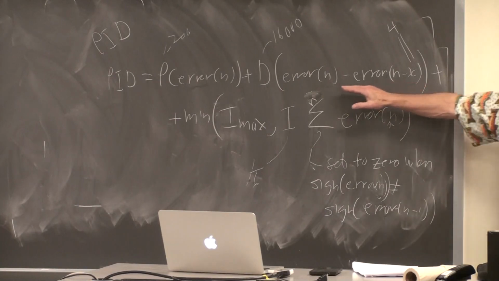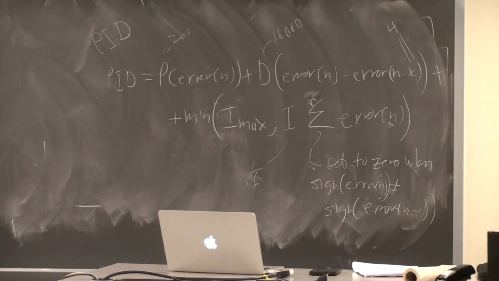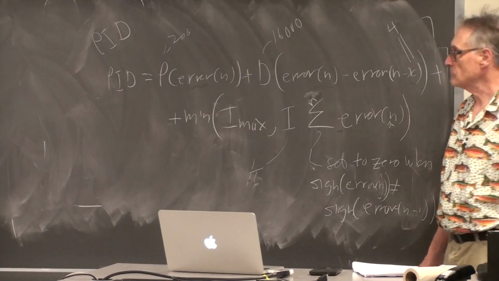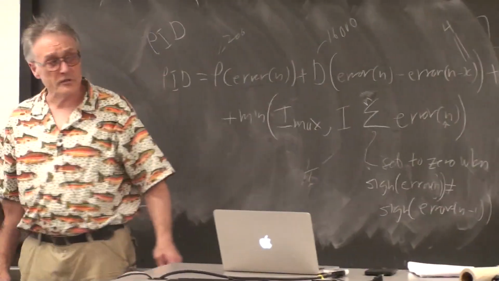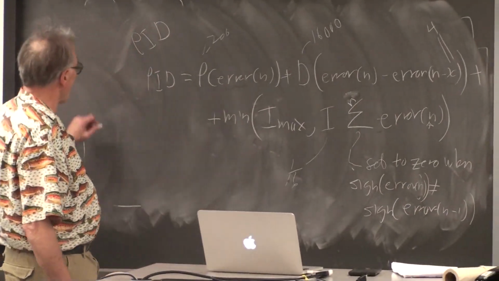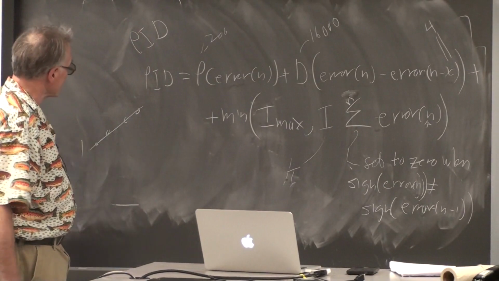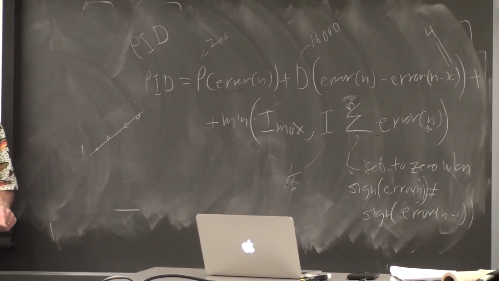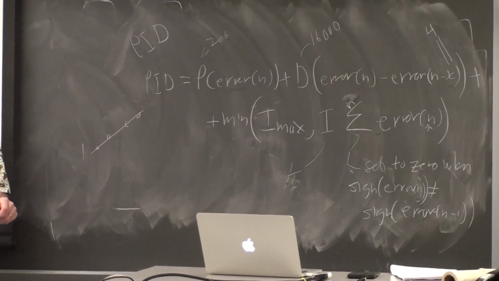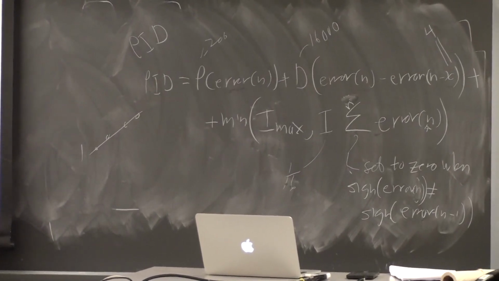You could, however, do a better estimate of the first derivative. Has anybody ever heard of the Hilbert approximation to the first derivative? I hadn't either until I read the MATLAB documentation. You could fit a straight line. You could measure 4 errors in a row, fit a straight line, and use the slope of that as the first derivative. You could fit a cubic spline to it and take the first derivative of the cubic spline.